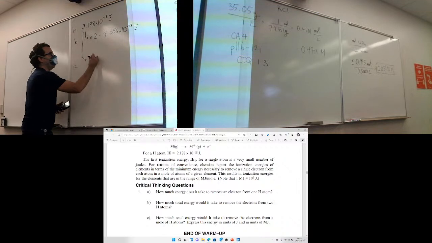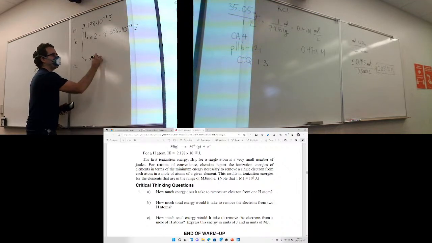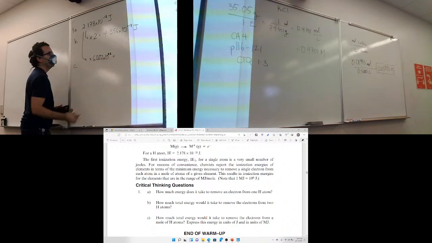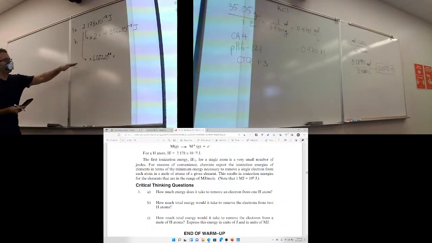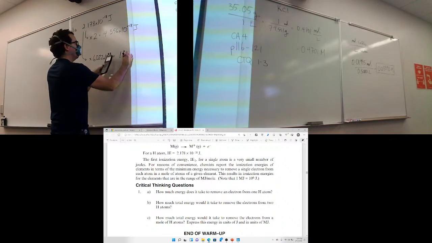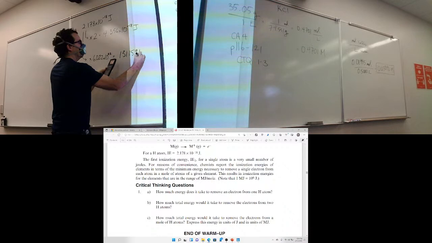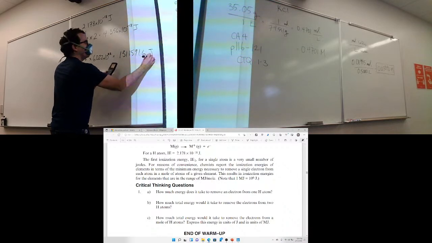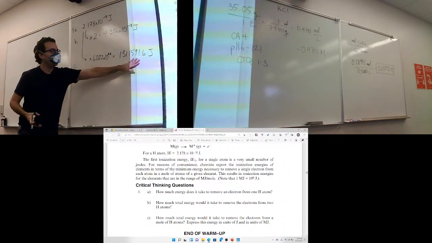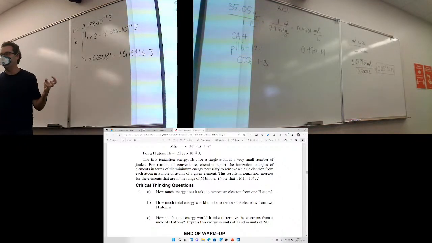So if I have that many, a mole, which is 6.022 times 10 to the 23 atoms, then I multiply these two together and I will get a ridiculously large number, 1311591.6 joules. And that is the energy I need to ionize a mole of hydrogen atoms.